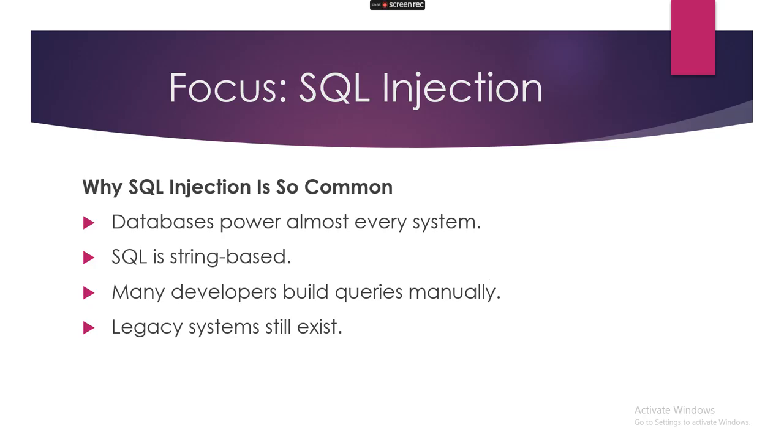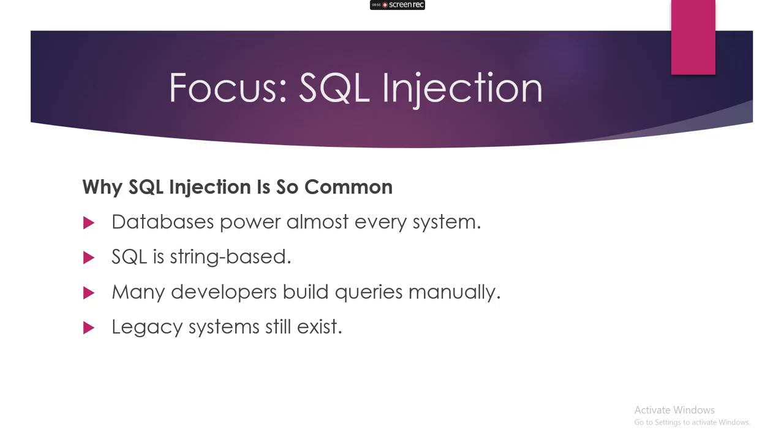So we're going to look at why SQL injection is so common, right? And that's because databases power almost every system. So SQL injection is the ideal place to start. It's also string based, which makes it a bit easy to hack.